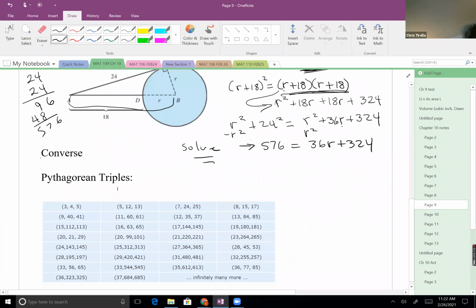Then the converse again, that's saying that if a squared plus b squared equals c squared, it must be a right triangle. And that's that idea of testing to see if you have a right triangle or not. And that gets me to something that's called Pythagorean triples.